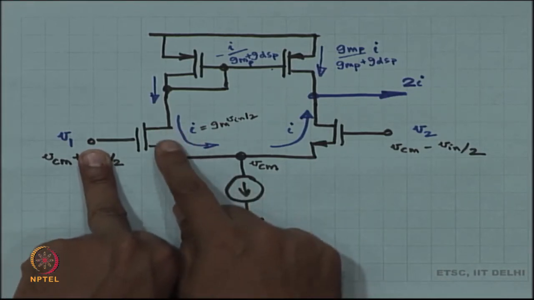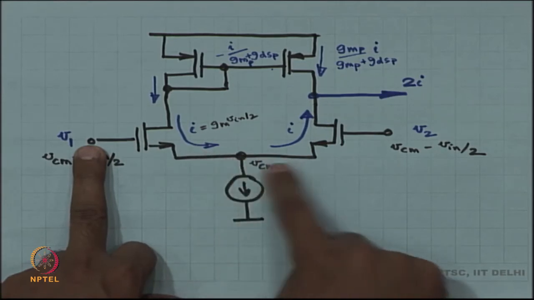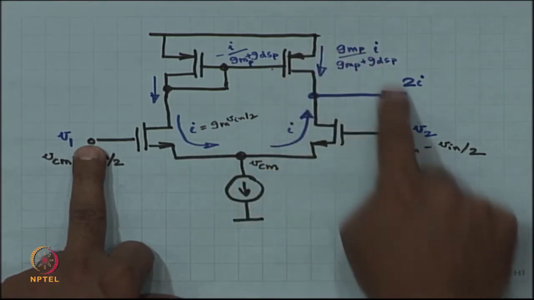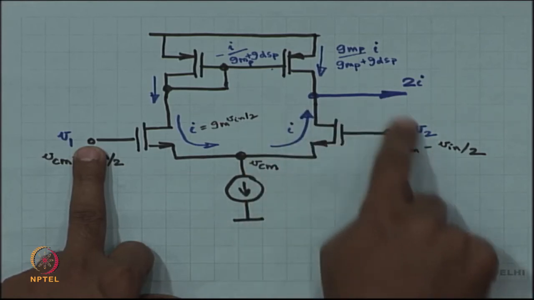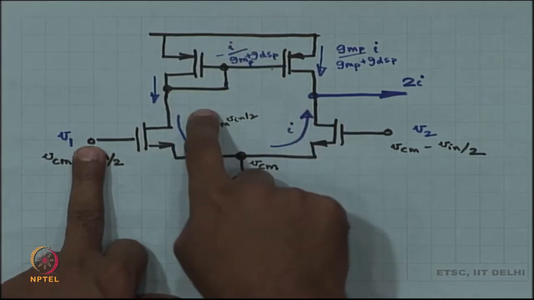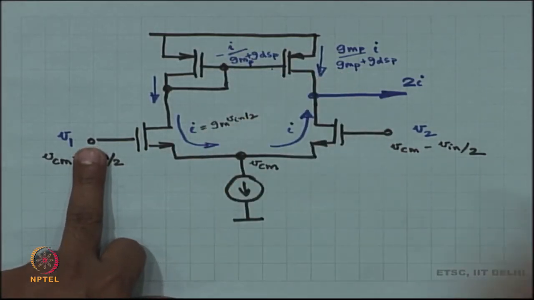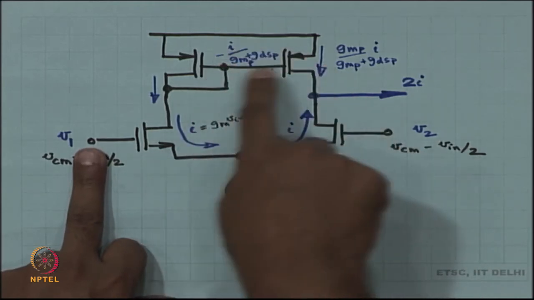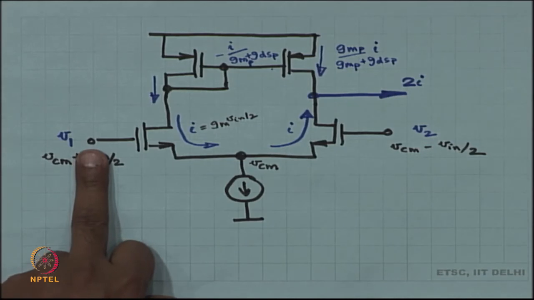V1 was harder, because V1 if I apply, then on the source side I have got something more complicated. There is all of this on the source side, right. On the drain side I have got this, and then I have got the current mirror. Okay. So, every time I have got the current mirror, you know, an extra current is going to get pushed in to the short circuit.